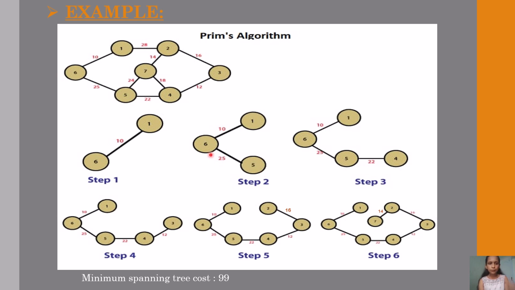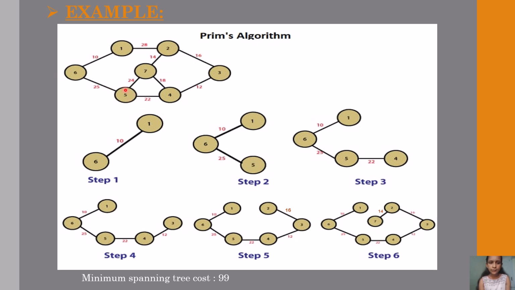When it comes to step 2, since 6 has another vertex which is connected, that is 5, it is copied from the graph and pasted here, that is 6 and 5 with a weight of 25. In step 3, they are connecting 4 with the cost of 22.